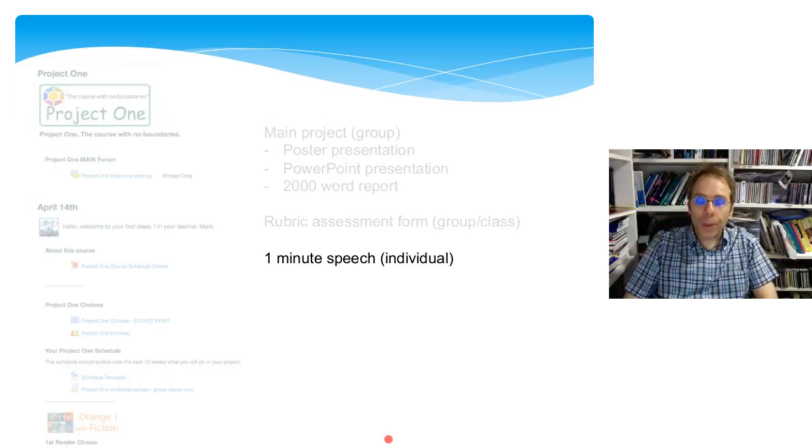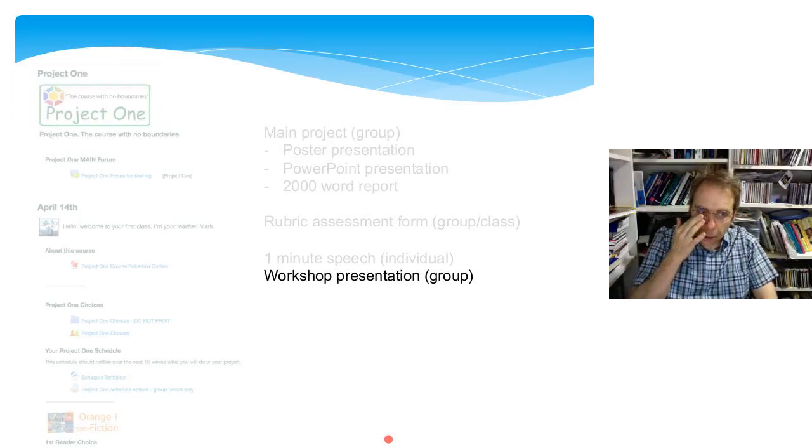And we also have a 1-minute speech, which is all individual. The students do this by themselves. We have a workshop presentation, which the students do, a group presentation, but it's on a specific topic.